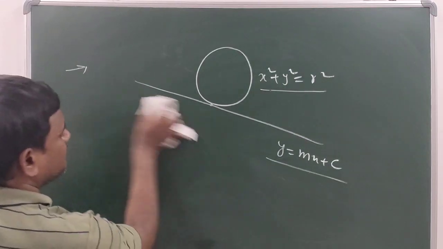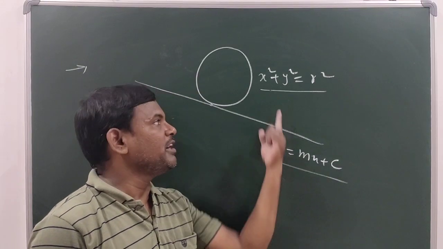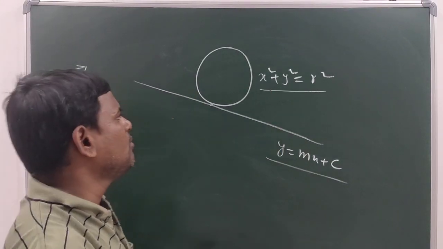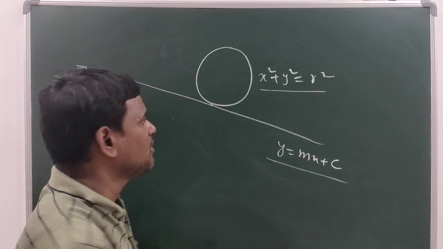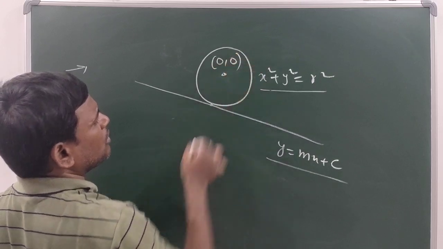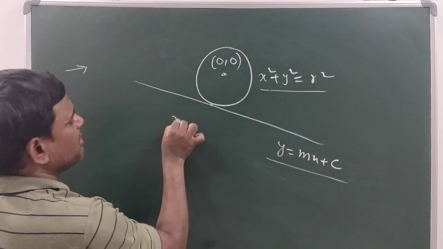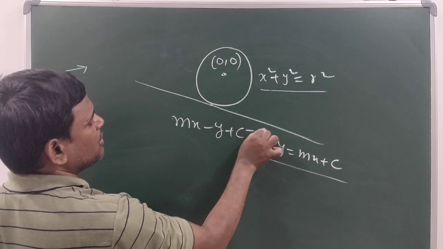To write the condition for this line to be a tangent of this circle, I would like to use the r equal to d condition. Now what is the center of the circle? 0, 0. Now express this line in standard form: mx minus y plus c equal to 0.